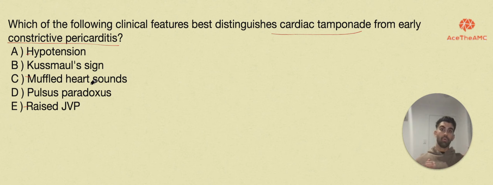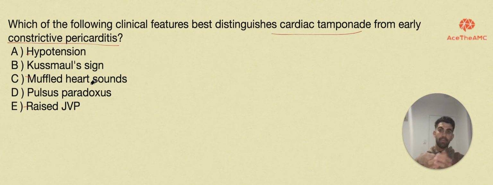This draws more blood into your heart. This comes into the right ventricle, causes the interventricular septum to shift into the left ventricle, which means the left ventricle is able to fill less, which means you have a small, not greater than 10, decrease in your systolic blood pressure.